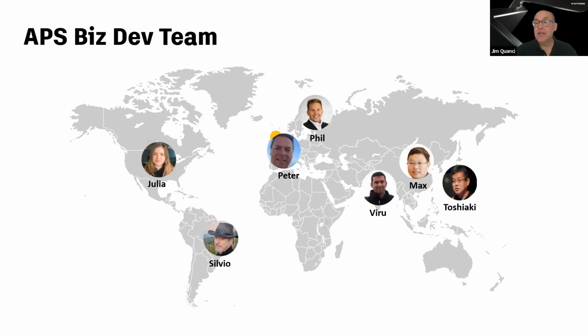Just some of the people, and you could see some of the people here at our first APS Tuesdays. So Julia's here, Silvio's here, Phil's here, Peter's on vacation, having a good time, Viru. So you can see we've got our business development team all around the world. As we have engineers all around the world, we're here to help. So whether you have business questions or technology questions, or you just need help, or you want advice.